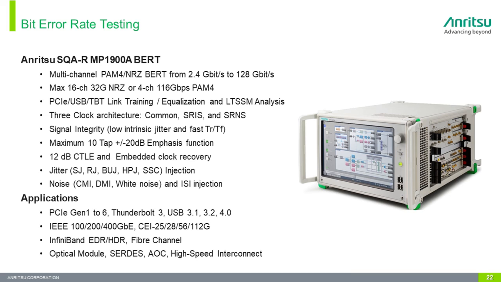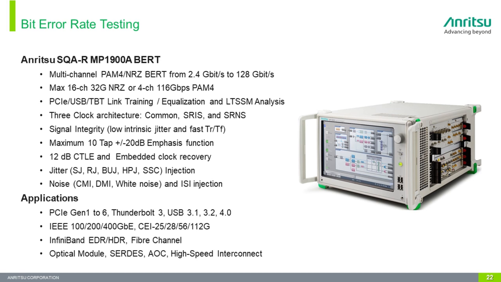For jitter injection, there are 2 different SJ, sinusoidal jitter up to 250 megahertz, random jitter, BUJ to simulate crosstalk, half-period jitter, and SSC injection. For noise, you can inject CM, common mode noise, DM, differential mode noise, and broadband white noise.